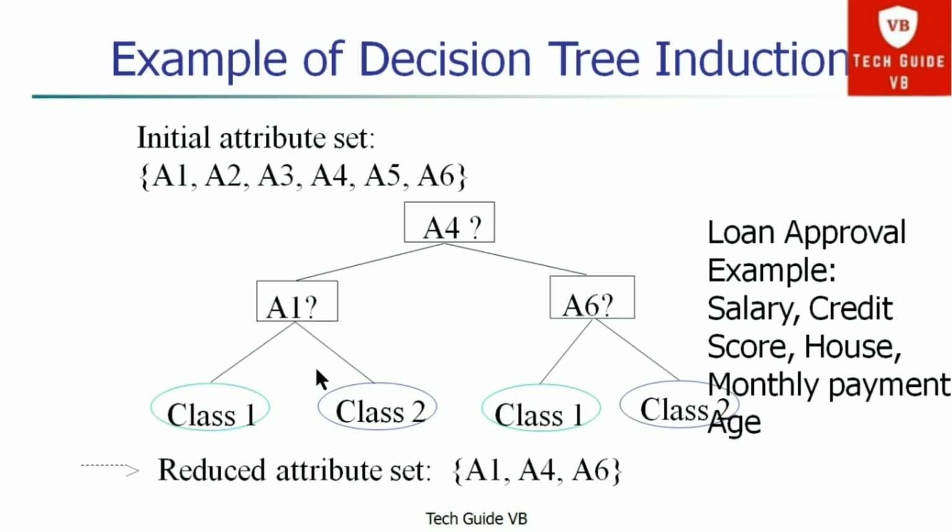A6 has two classes, class 1 and class 2. In this way, we have reduced the attribute set to A1, A4 and A6 here. So we can reduce this set by decision tree induction. The example given here is a loan approval example where salary, credit score, house, monthly payment and age are given.